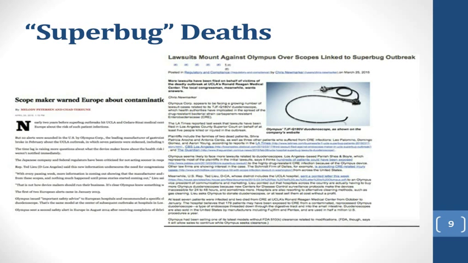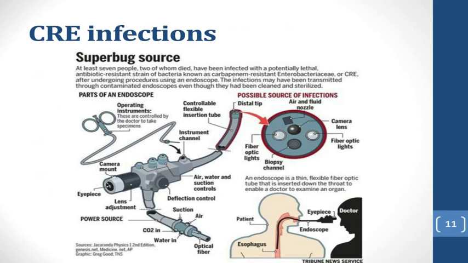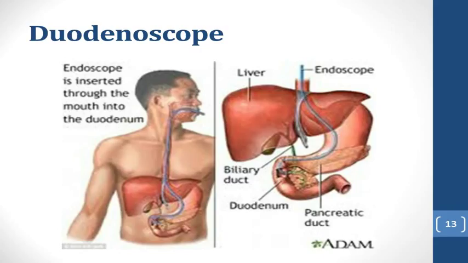I'm going to skip ahead here to give you a picture of it. There's a device called a duodenoscope, and it goes into the patient. It's actually going through the mouth, and you can see it goes in to treat problems that have to do with the liver or the pancreas. And I'm going to go back now to talking about what the problems are.